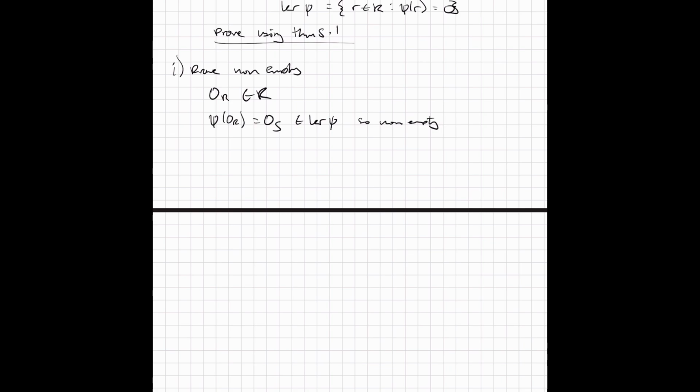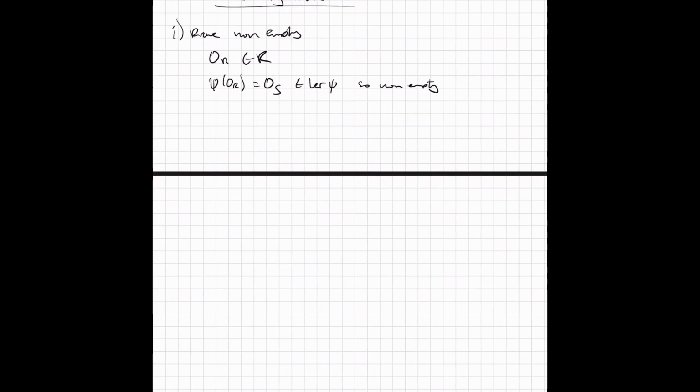Okay, and then I'm going to skip down to the next page, I think. And then the next step in theorem 5.1 is if A and B are in the set, then A minus B is also in the set. So to prove this, I'm going to use the same definitions I did in the other ones.